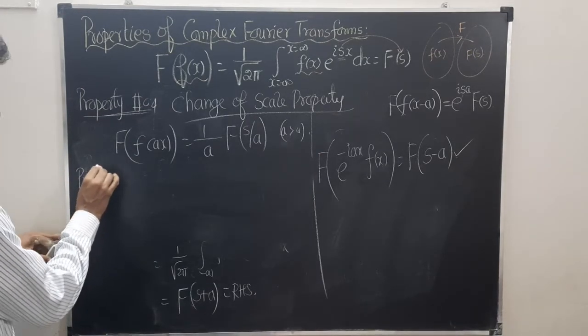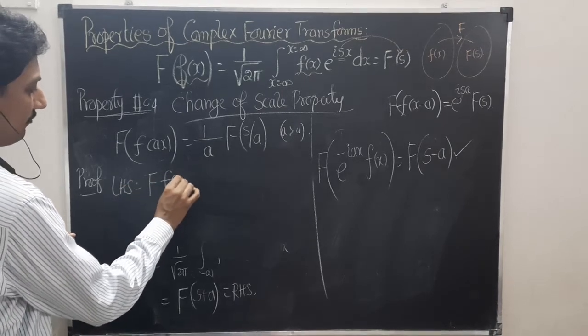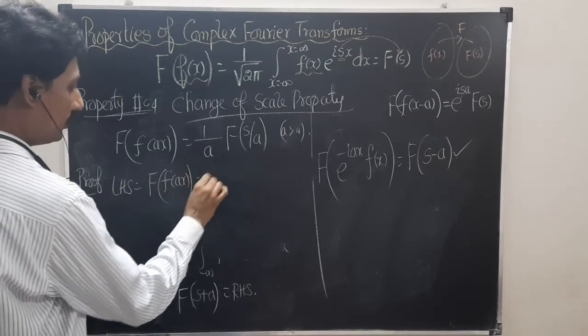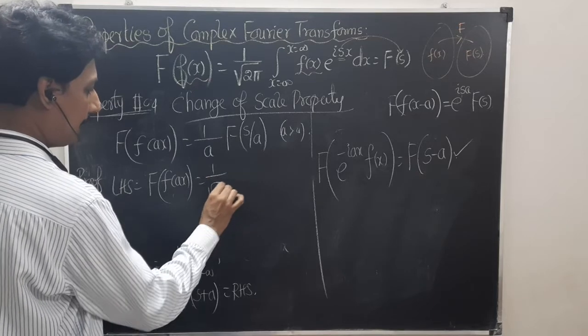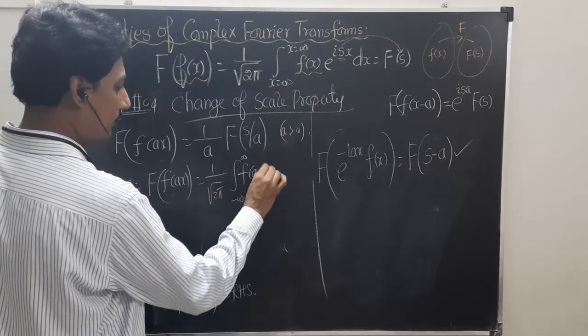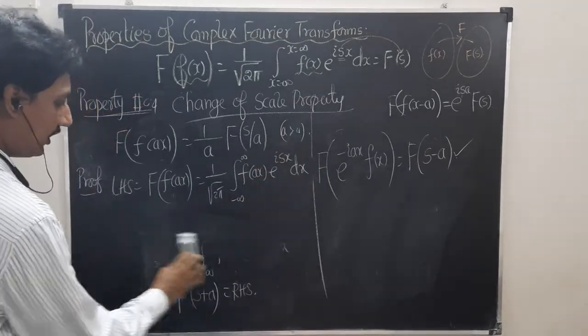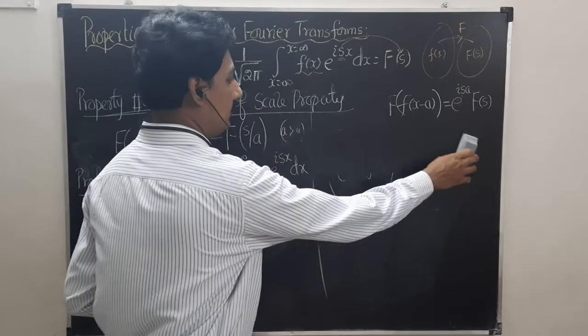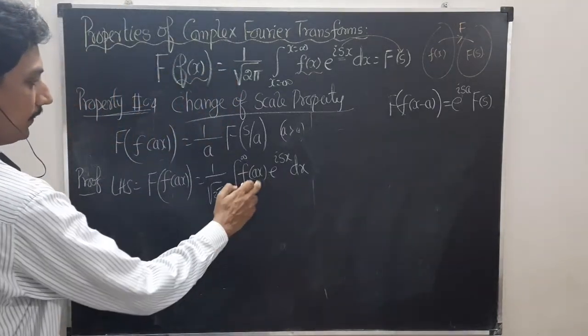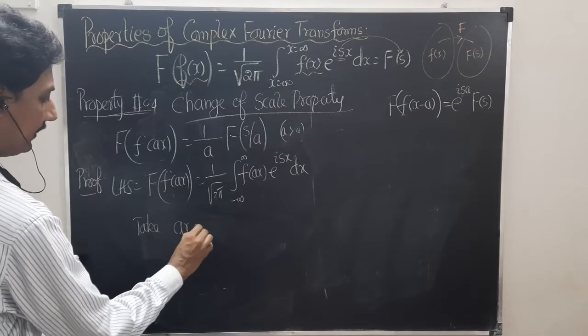Once again, go for the left hand side, the Fourier transform of f of ax. By the definition, 1 by square root of 2 pi, integral from minus infinity to plus infinity, f of ax into e to the power i s x into dx. We cannot proceed further unless we take ax equal to a dummy variable t.